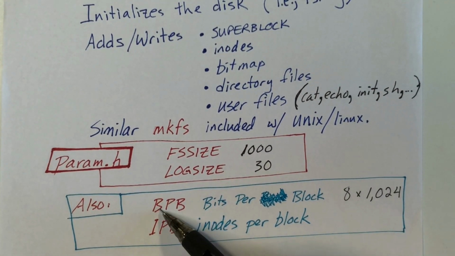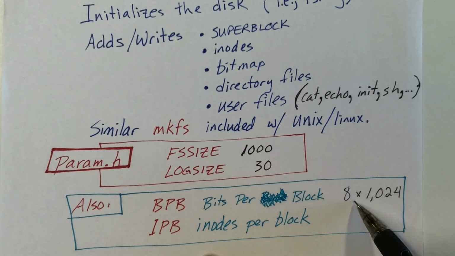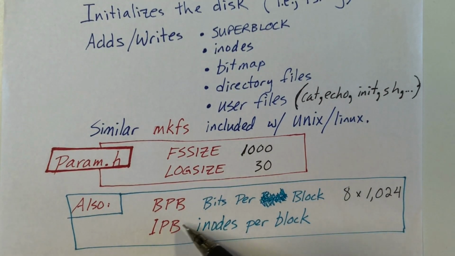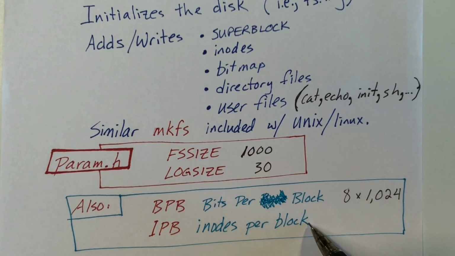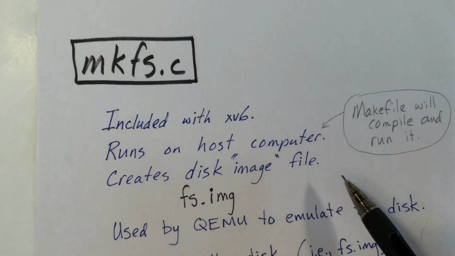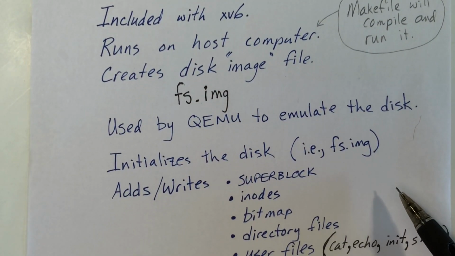For example, the number of bits per block that we can store for the bitmap, or the number of inodes that we can pack into a block in the inode array that will be represented on disk. These constants are needed by the mkfs.c program to create the image file.